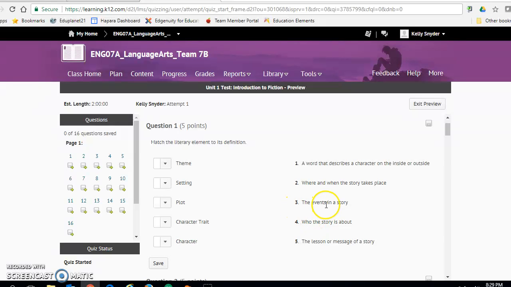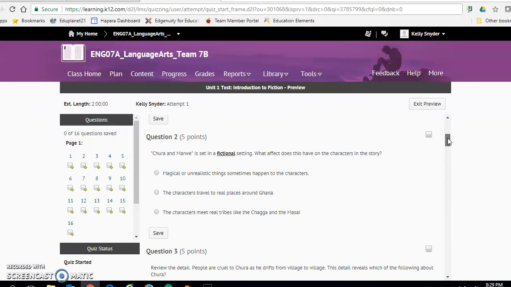Number 3, the events in a story. Number 4, who the story is about. And number 5, the lesson or message of a story. Okay, so you're going to choose which number matches the literary element definition. You can pause this as you're working on question number 1. I'm going to keep moving to question number 2.